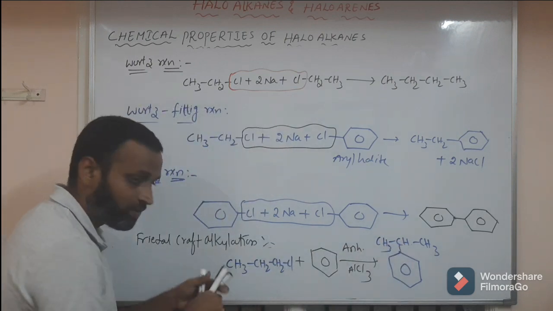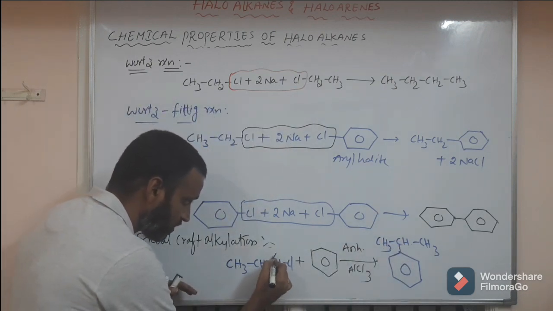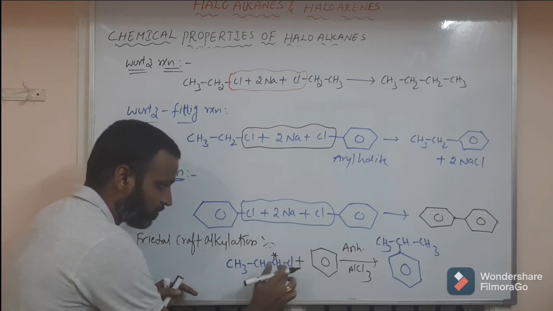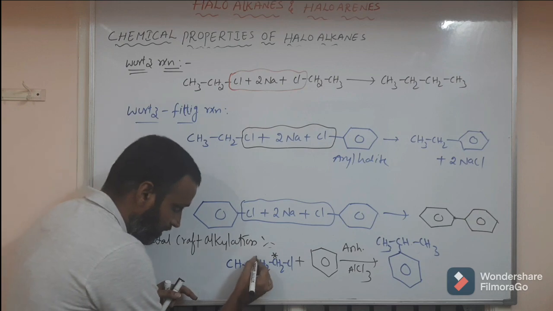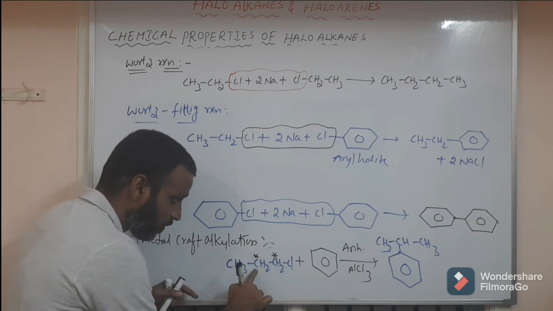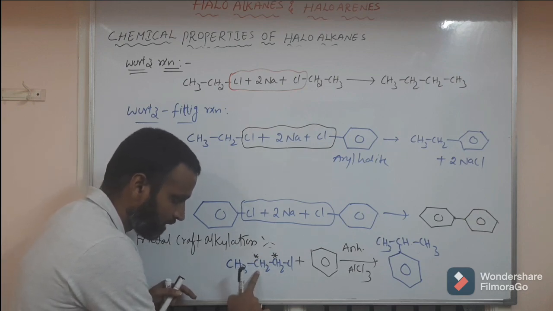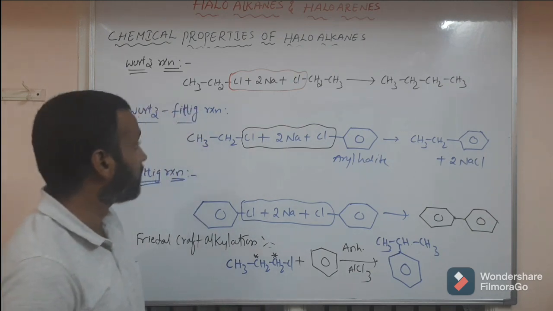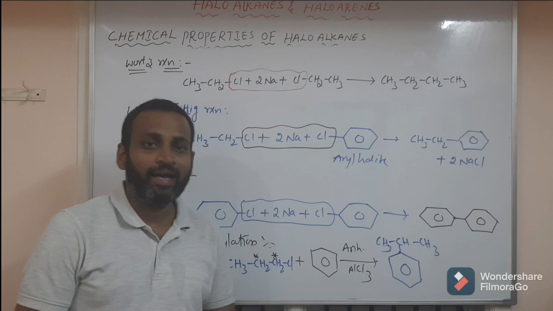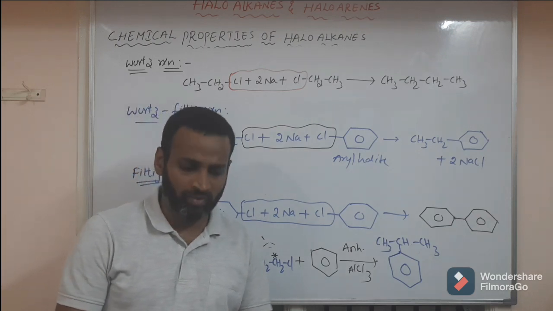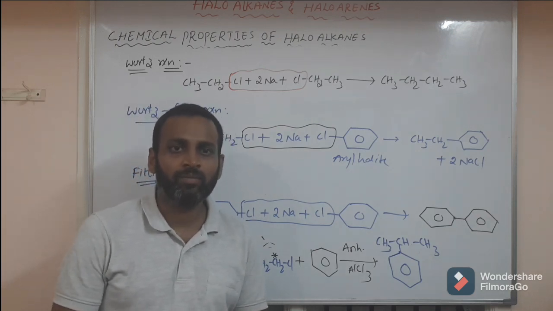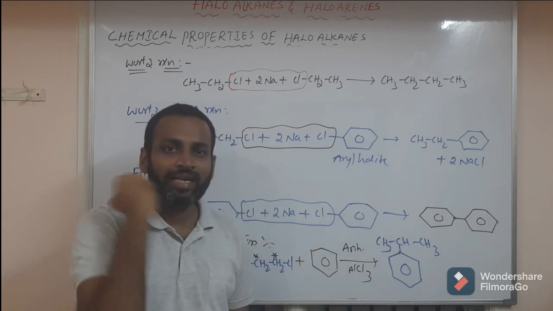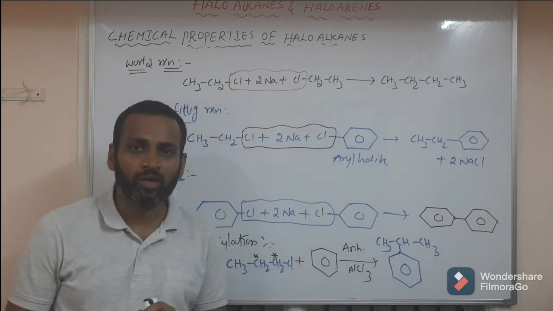Actually, where we expect the benzene bond, at this carbon we expect a bond with benzene. But benzene is forming a bond with this carbon because this carbon is secondary, that is more stable. So these are about alkyl halides and aryl halides. Aryl halides are just electrophilic substitution reactions, just a matter of 5 minutes. I'll write it in one place, then in the very next minute I'll start alcohols.